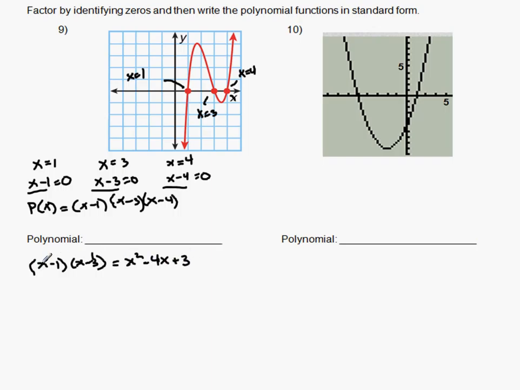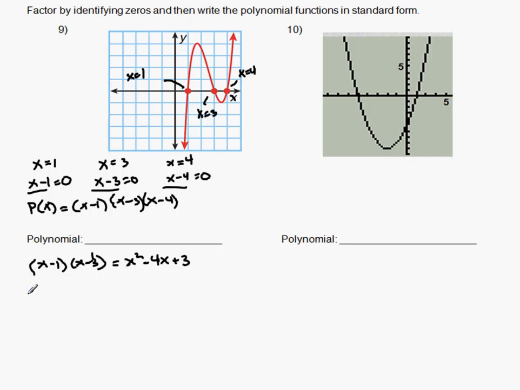And the way I do this, x times x is x squared, x times negative 3 is negative 3x, and negative 1 times x is negative 1x. So I take negative 1x, negative 3x, combine those, get negative 4x, and then I go negative 1 times negative 3 gives me a positive 3.